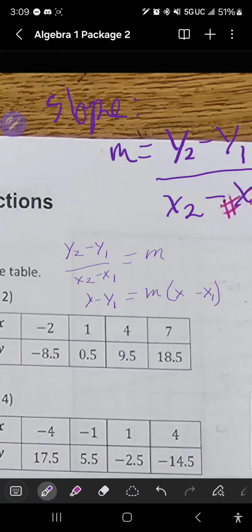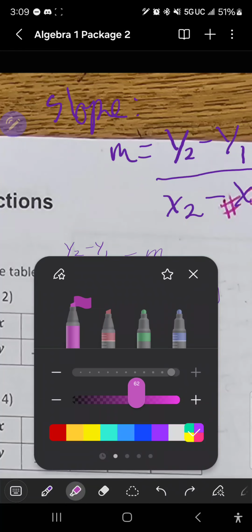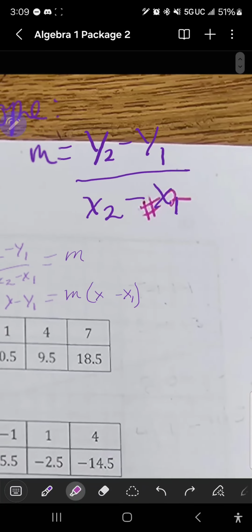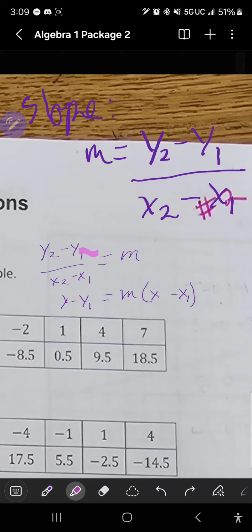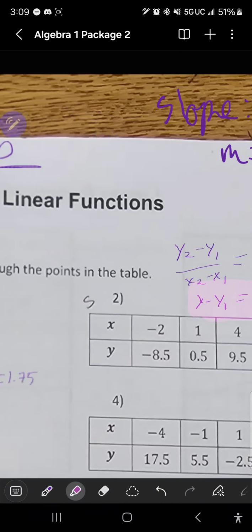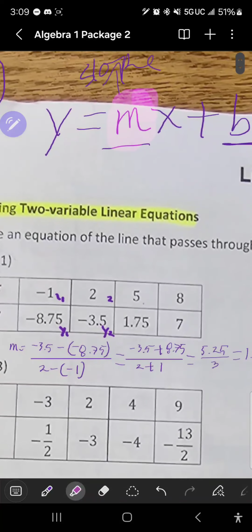And this is the formula we are going to use to create the equations, since we don't have beforehand the y-intercept, which is the b, so we need to calculate it. This is basically another way to write the slope formula.